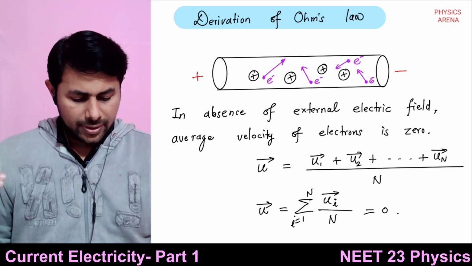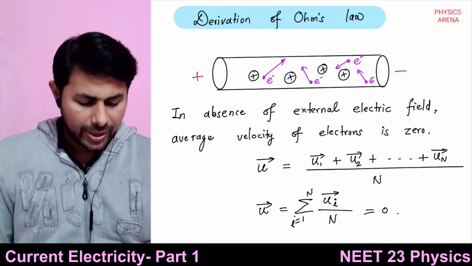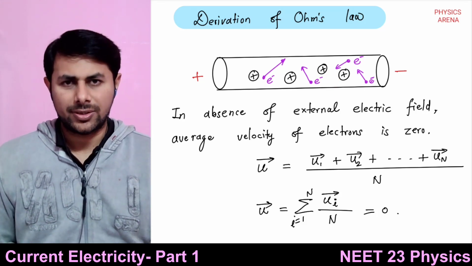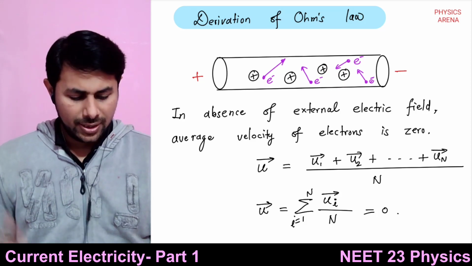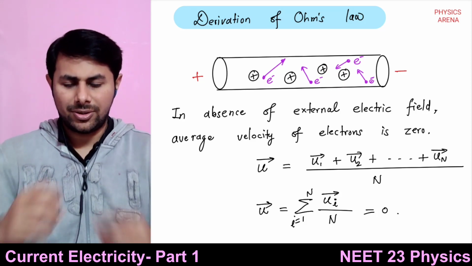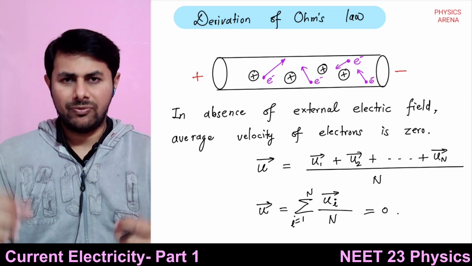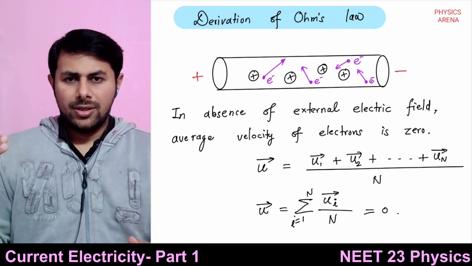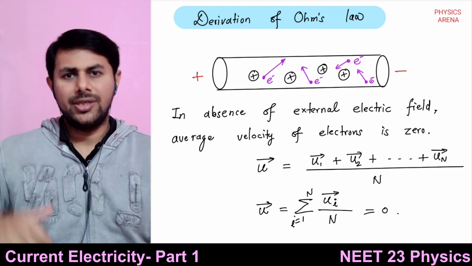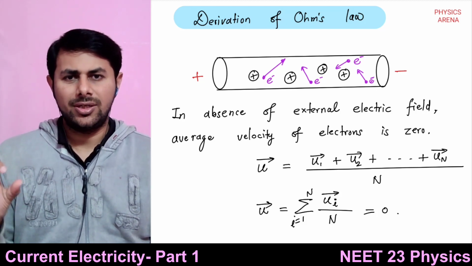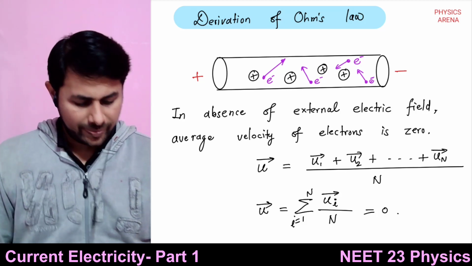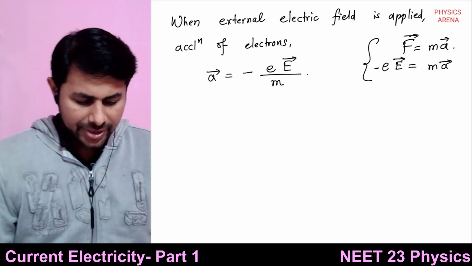So now what will happen? Suppose an electron gets some velocity. Let's call it u only. After the collision, the electron starts moving with some velocity, and the time since the last collision is, suppose, t, for an electron. So how much would be its velocity now?